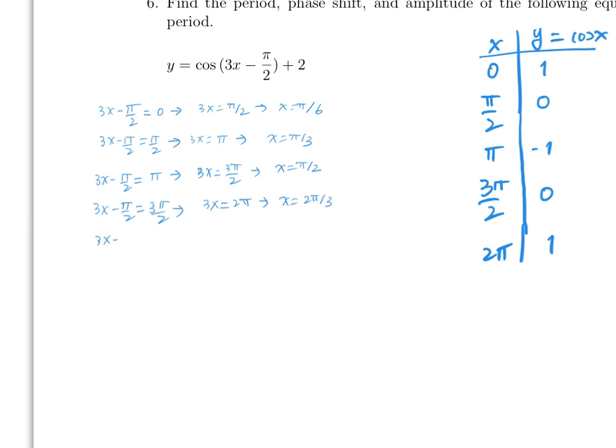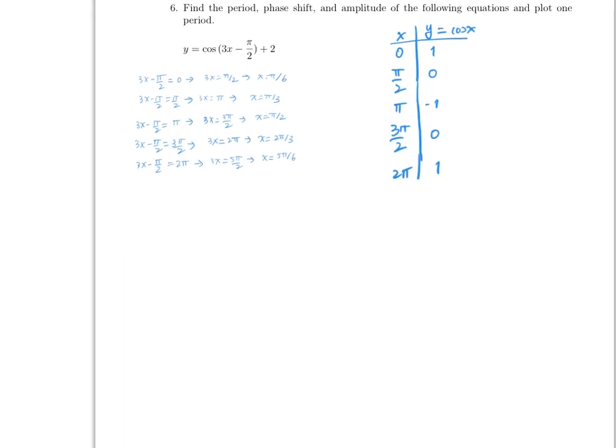And then finally 3x minus pi over 2 should equal 2 pi. From there you have 3x equals 5 pi over 2, which means x equals 5 pi over 6.